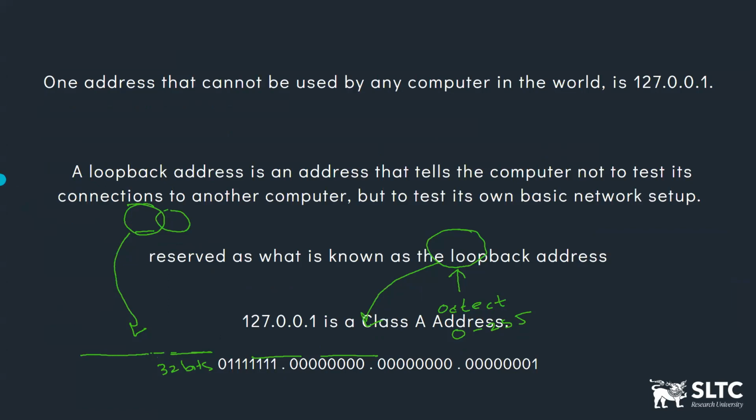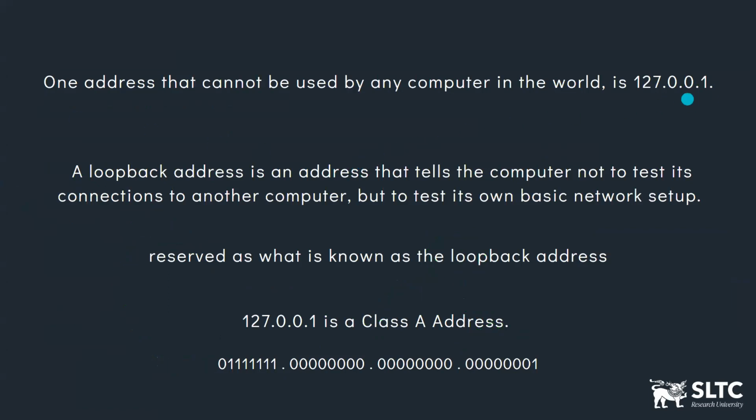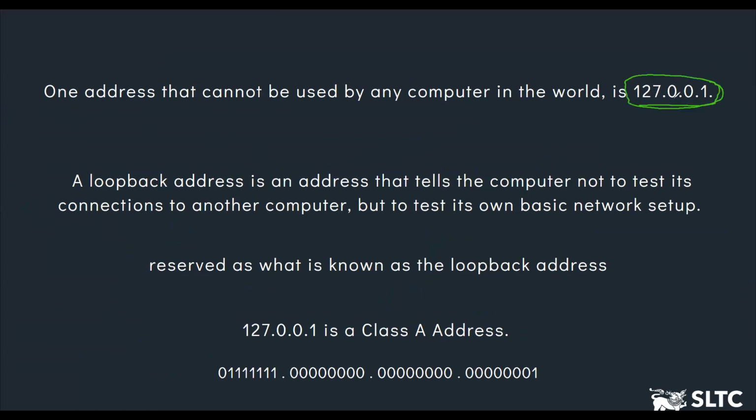One address that is not allocated to any device in the world is 127.0.0.1. This is used by each device to check its network connectivity and whether its network interface layer is correctly connected to the network.